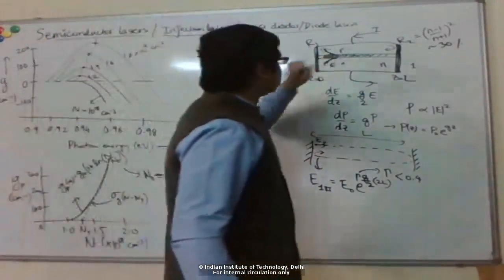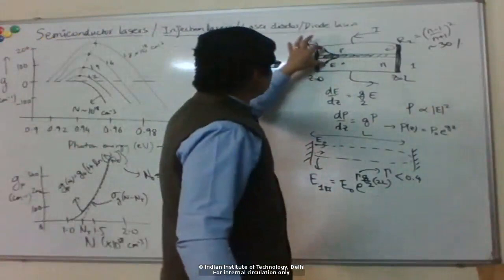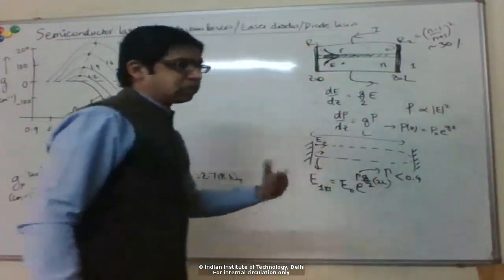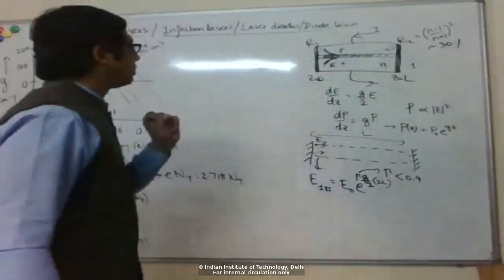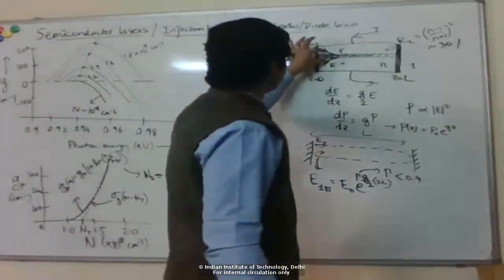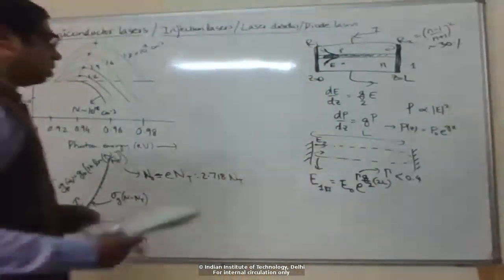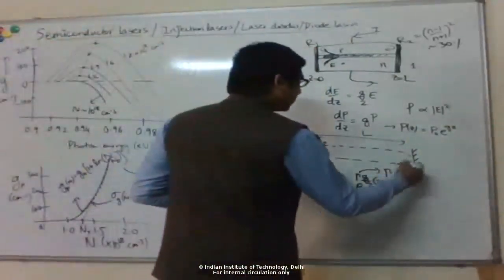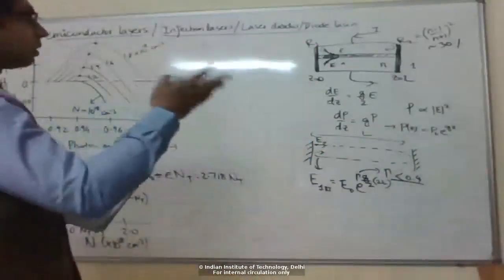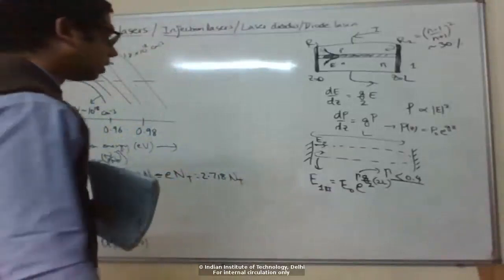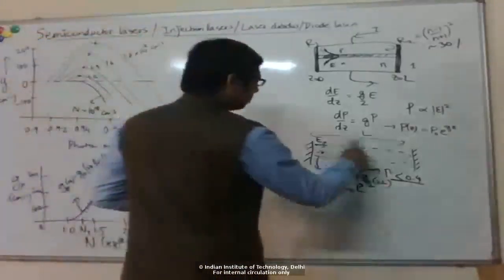So if you calculate an equivalent V number for this, that V number is quite small, which means the confinement factor is very low. The mode is leaking out quite a bit. So this confinement factor typically is less than 40%, so it could be like 10, 20, 30%. Okay, so that's the gain part.